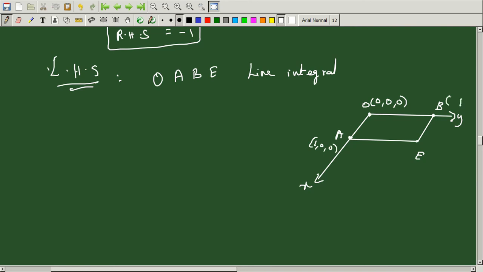That's why the y value is 1, x is 0 and z is also 0. For this point, x value is 1, y value is also 1, and z value is an outward vector. So that's why z value is 0.